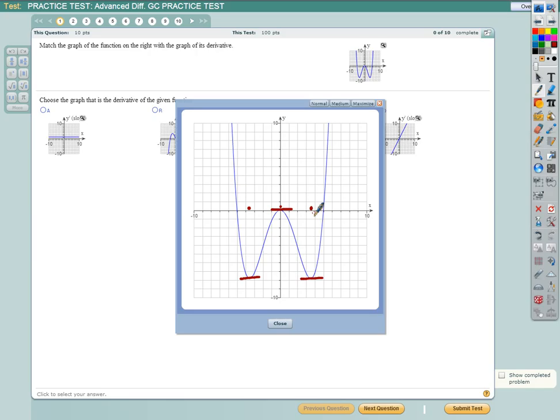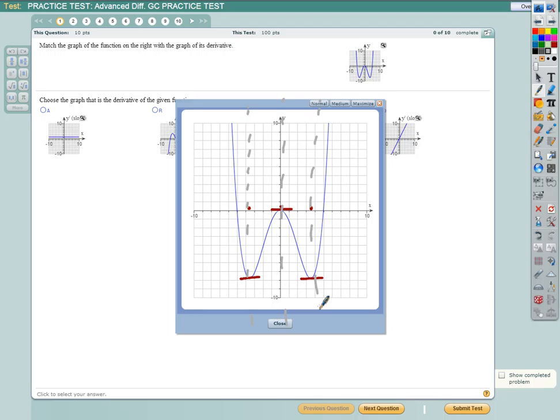And from there, all we're really doing is trying to determine, surrounding those zeros, is it positive or negative? So let's divide this thing up into regions. What about over here, to the left of this 0, is it positive or negative?